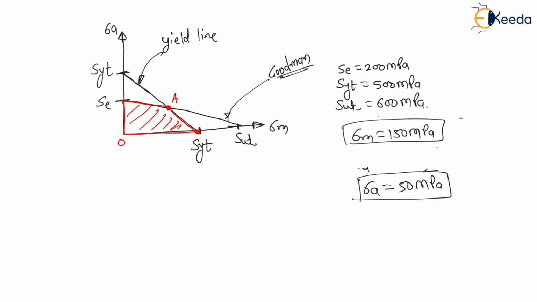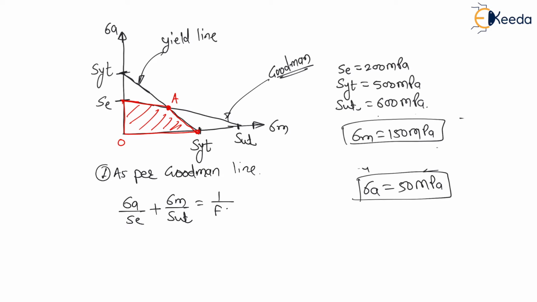This is the concept. So as per the Goodman line, number one, the formula is stress amplitude divided by SE plus mean stress divided by SUT is equal to 1 upon factor of safety. We have already seen that in the theory lectures.